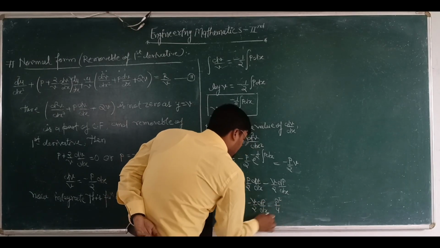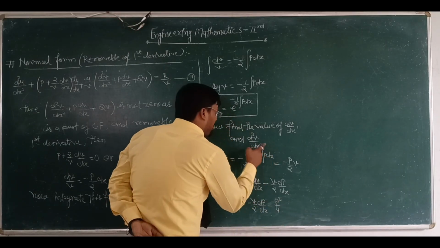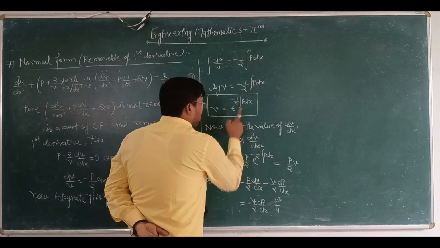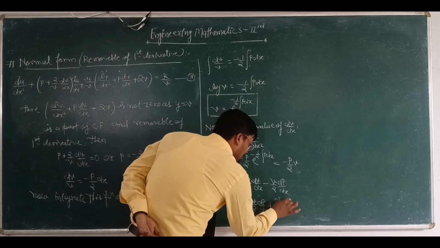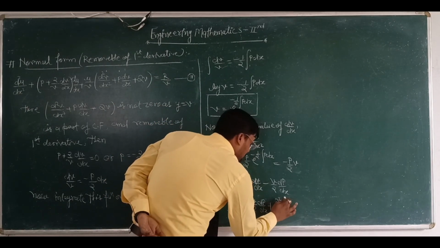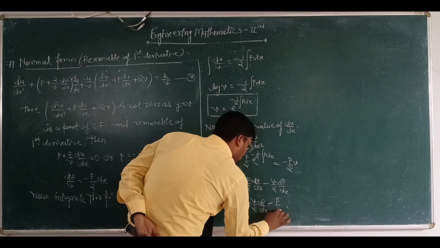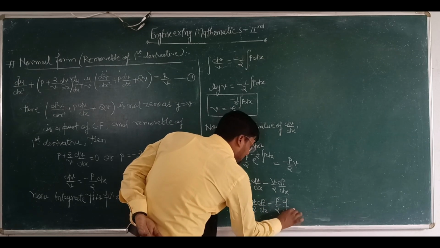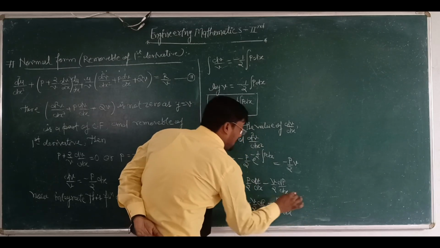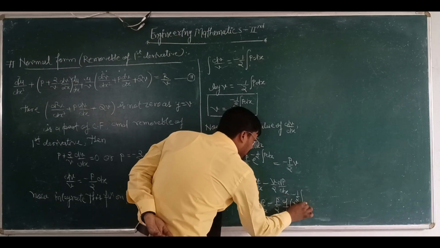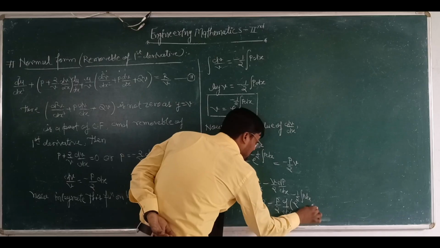Putting the value of v, you can write minus p by 2 dv of dx, where v is e to the power minus 1 by 2 integration p dx.